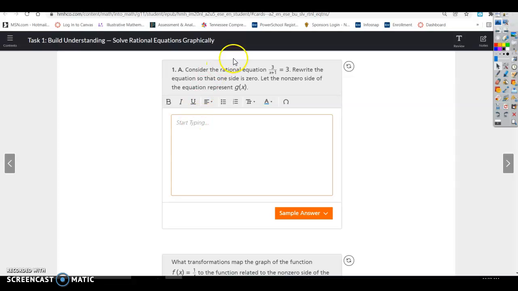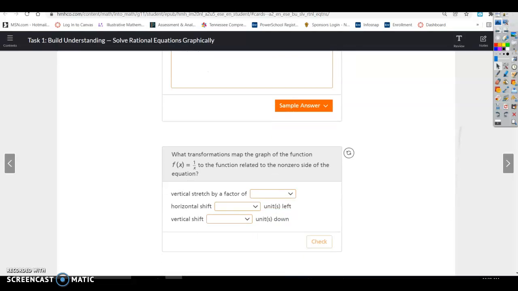So if we look at the one we have, we have a 3, we have a plus 1, and since we subtracted 3 to the other side, we also have a negative 3. The number on top is going to be a vertical stretch or compression. The number next to your x is going to be a horizontal shift, and the minus 3 that we moved over will be a vertical shift.